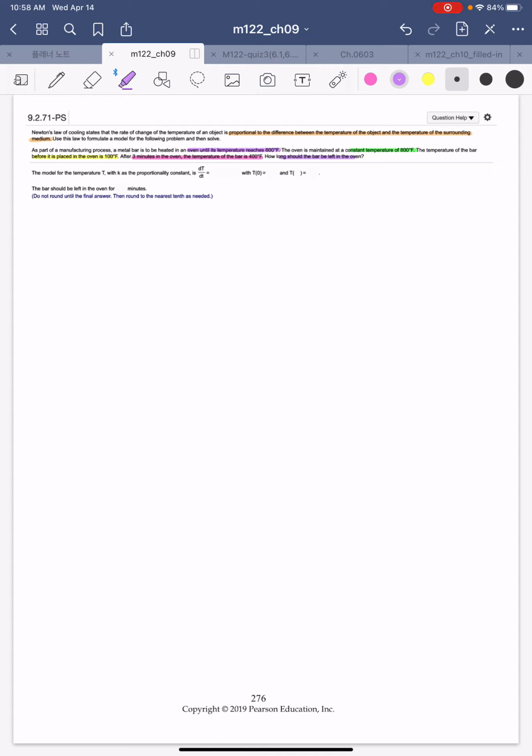So let's write it out. First one, constant temperature 800. So that's your M, 800. Before, that's T sub 0, initially 100 degrees. And then after 3 minutes, you have 400. Your goal is to find t when capital T is equal to 600.